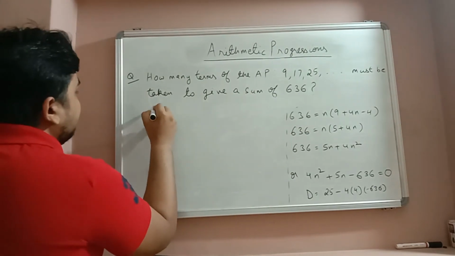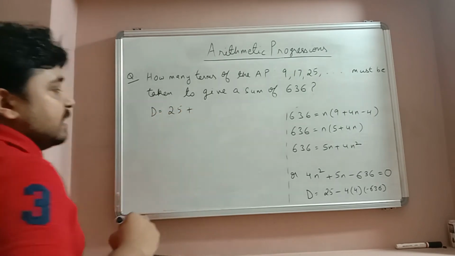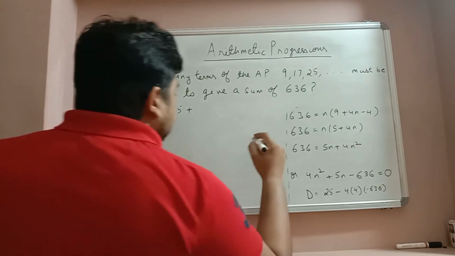Now D will come out to be 25 plus 16 times 636.